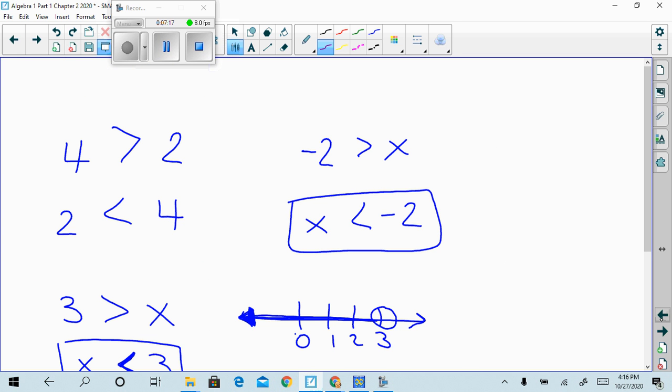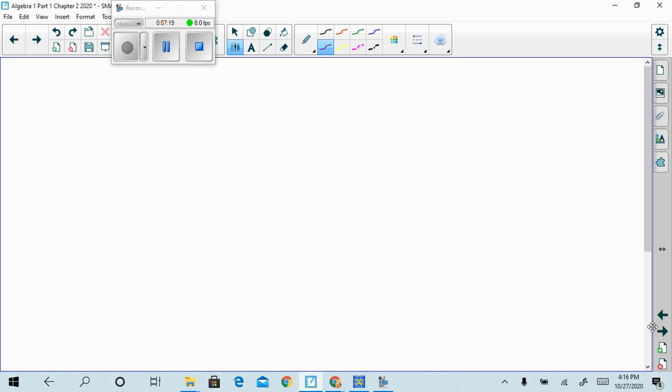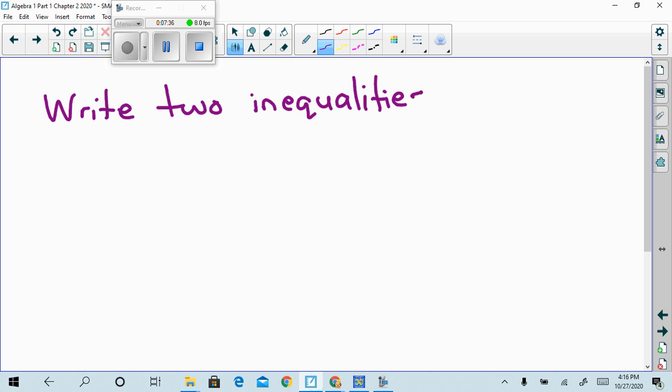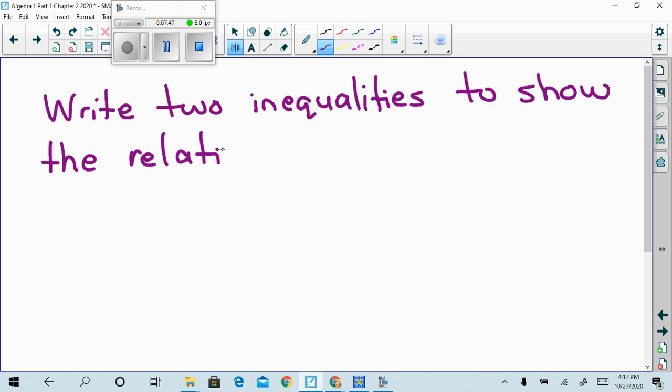Speaking of that, let's look at a statement so that we can remember that we can write inequalities in 2 ways. I'm going to write 2 inequalities to represent these numbers, and it's going to show a relationship between them. Let's pick the numbers 3 and 5.